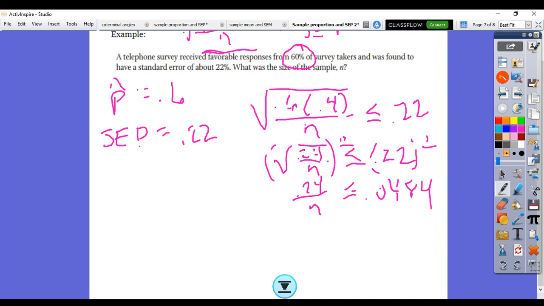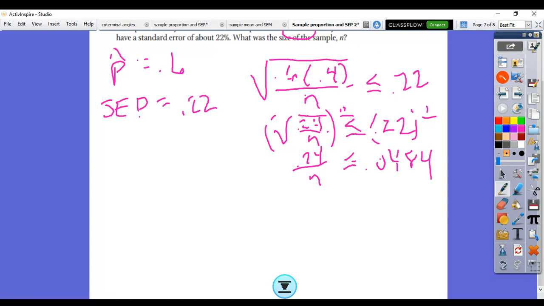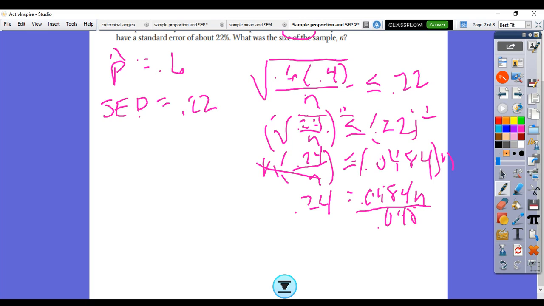I need to get n by itself, so I multiply both sides by n, and I have 0.24 equals 0.0484n. Divide both sides by 0.0484.